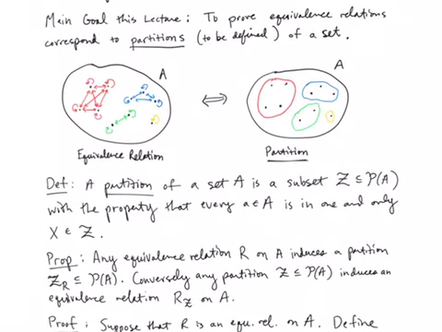So just go back to this picture here. We're starting on the right with the partition. So our x and y are going to be related when there is a set in our partition, a subset of A coming from our partition, which contains both of them.